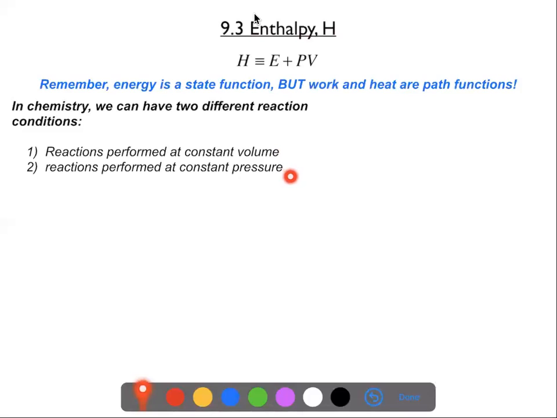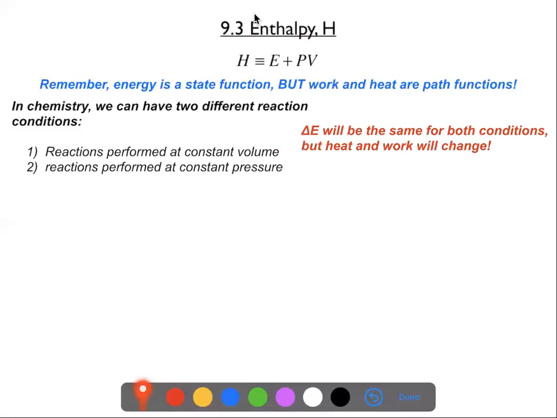So the constant pressure is just atmospheric pressure. Constant volume reactions are a little bit more problematic because if your reaction builds up pressure, you run the risk of an explosion taking place. In both of these conditions, the total change in energy of a chemical reaction will be the same. But again, the amount of heat and the amount of work produced will change.